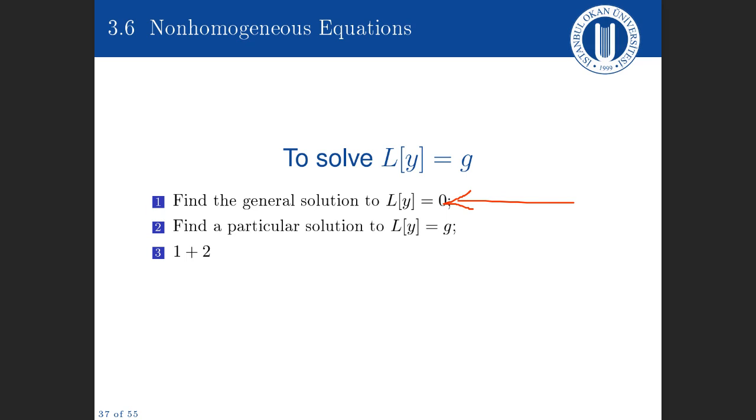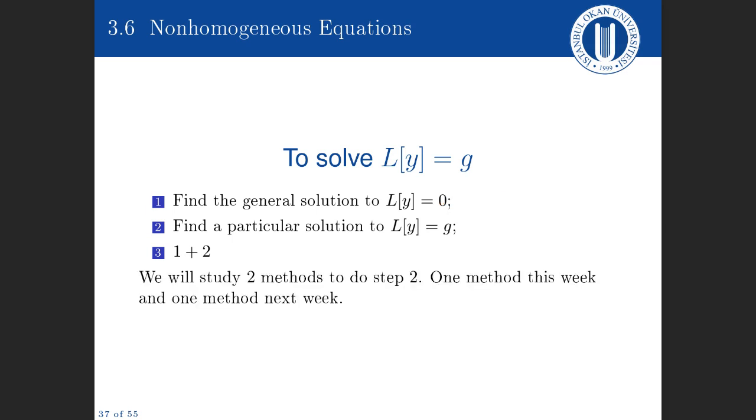We need to find a solution, any solution to our non-homogeneous differential equation, L of y is equal to g. And then we're going to add these two functions together, 1 plus 2. How do we do step 2? We're actually going to study two methods which can be used to do step 2. We're going to study one method now, and then in the next lesson, we'll study the next method.